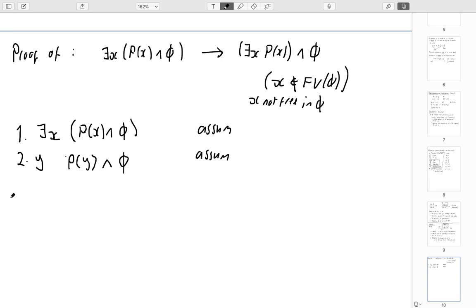But now we've got a conjunction, so we can get the separate parts out. So let's take out the left-hand side first. So we've got py.